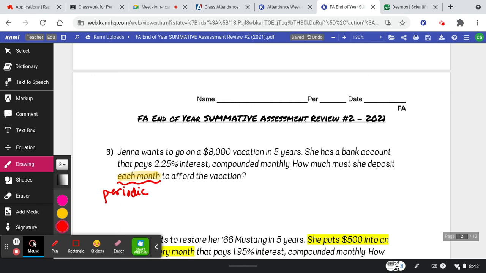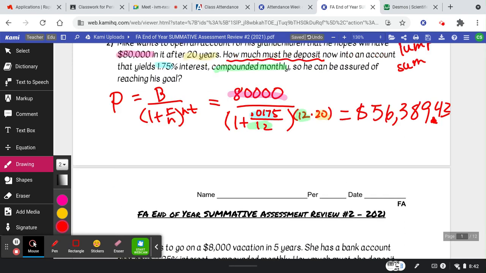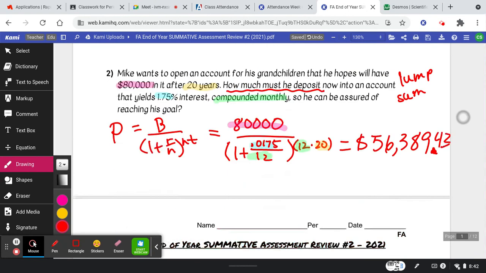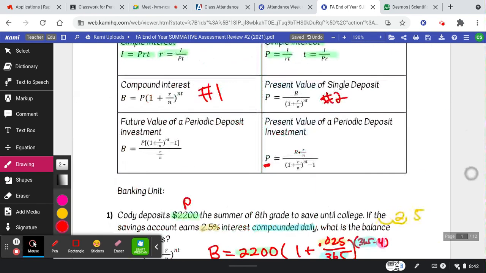And because it says how much must she deposit, when I go look up here at my choices, this is the future value of a periodic deposit, and one's called the present value. How much presently must I deposit? I'm trying to find the P because I know I want that balance of 8,000 in 5 years. So I'm going to be using this big guy at the back.